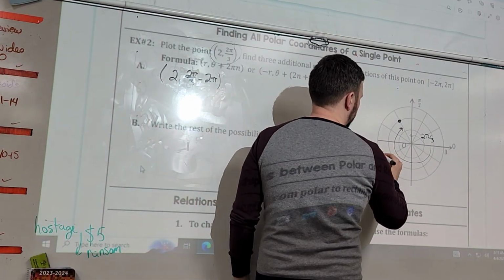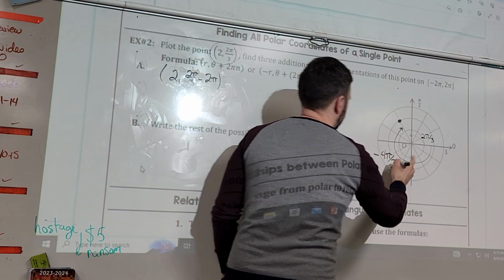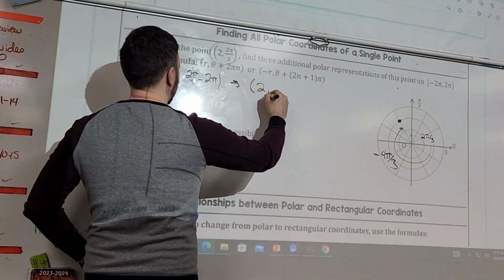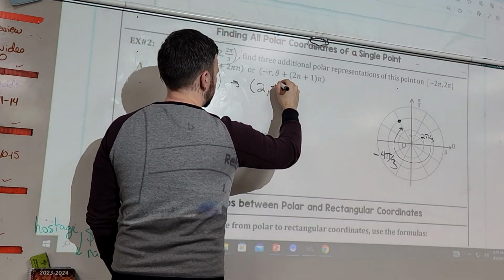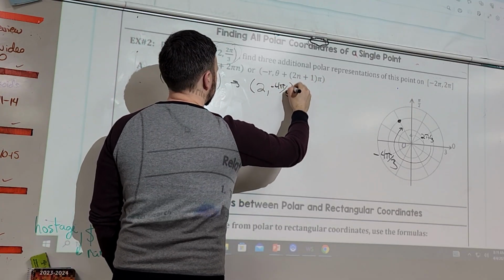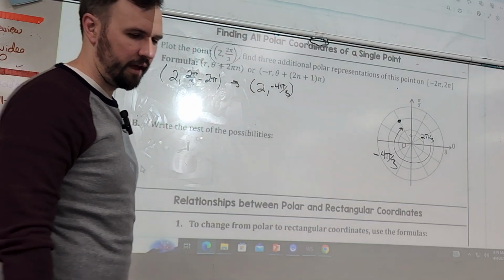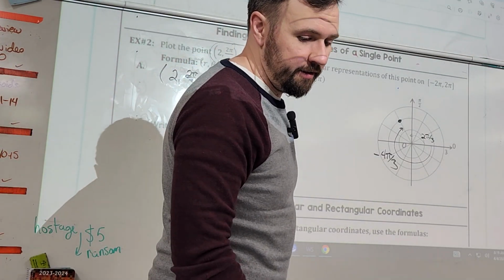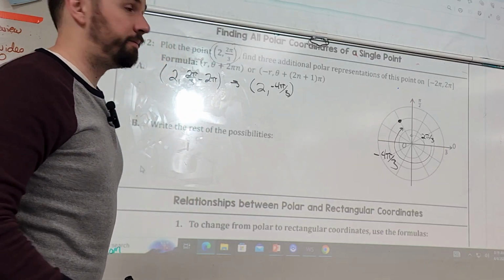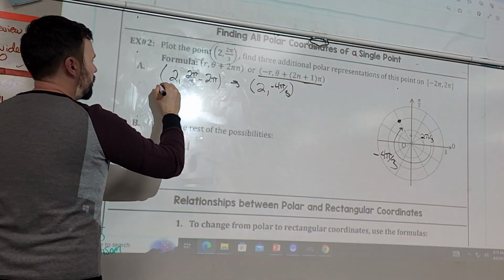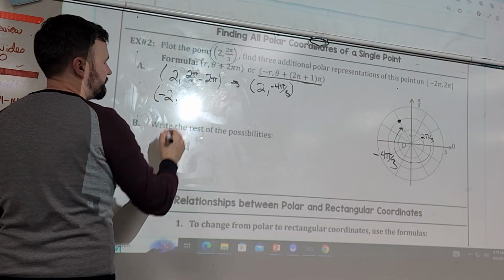So I could have gone negative 4 pi over 3 instead of the positive 2 pi over 3. These are the same thing. All right, what's another way I could have done it? So this one is saying, what if I make that negative 2? Okay?